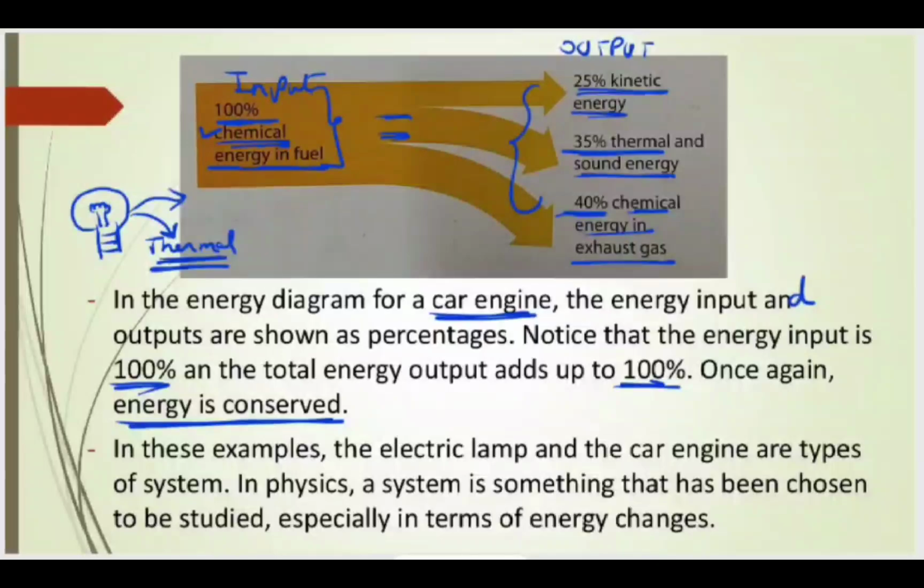Let's look at a washing machine in a house. What is the main job of a washing machine? The job is to make sure that the motor has kinetic energy, so energy is used as kinetic energy.